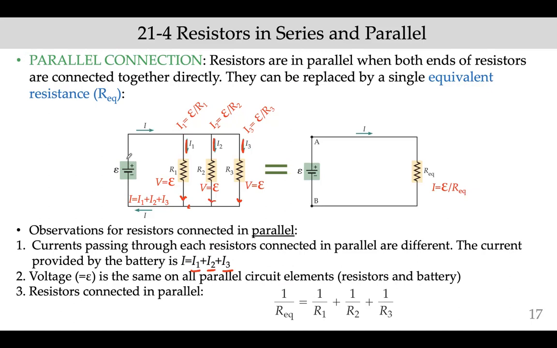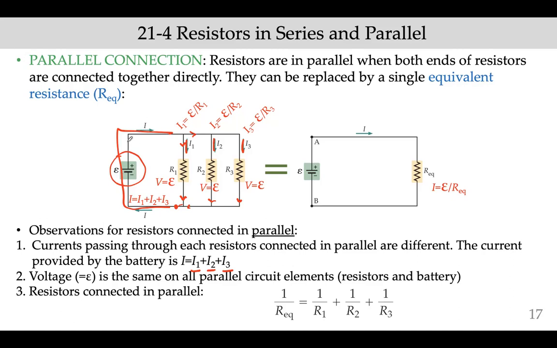Now remember, when we talked about the series connection, we said the current is the same if it doesn't split up. So from this point to this point, it's always I, because there's no splitting here. You can have circuit elements, resistors or batteries, but the current doesn't change. The current only changes if the cables split.